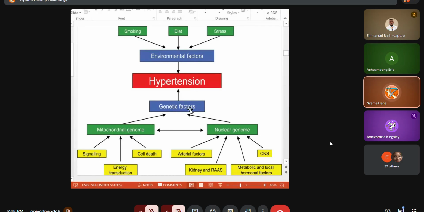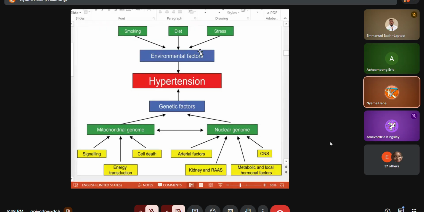Arterial factors, CNS, kidney, RAS, metabolic and local hormone factors are also under genetic factors that can affect hypertension. So we have the environmental factors and the genetic factors. One comes from the body itself, what you're carrying, and the other is caused by our lifestyle.